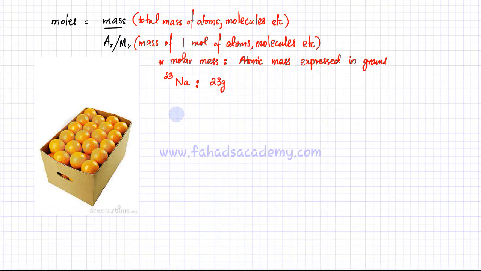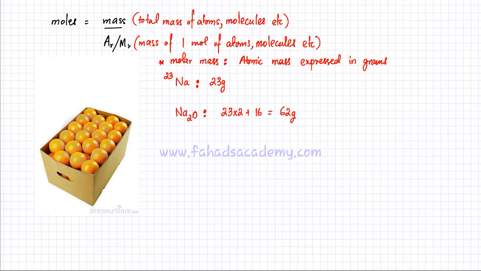If I'm talking about a compound, for example, sodium oxide, in this particular case, I have 2 sodiums, so that's 23 into 2, and there is 1 oxygen, so that would be 16. So that would end up giving me a total of 62 grams. So that would be the molecular mass, or the MR, or the molar mass of sodium oxide.